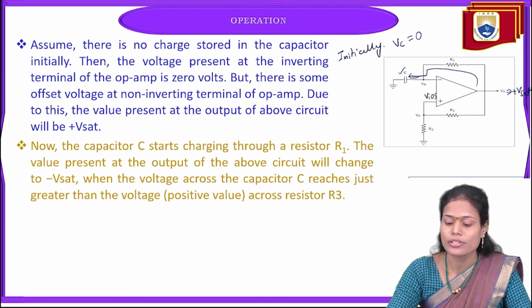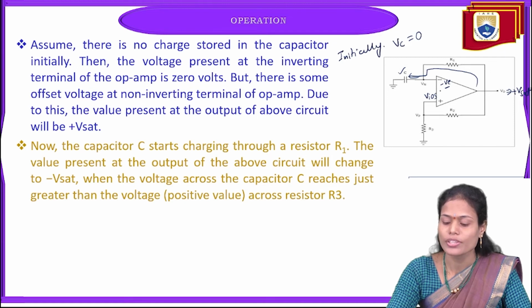Once the capacitor starts charging, there is a voltage developing at the inverting terminal of the operational amplifier. That is, the negative voltage is becoming more compared to the positive voltage. Once the capacitor is charged with plus V saturation, since it is connected to the inverting terminal, it will become the negative.